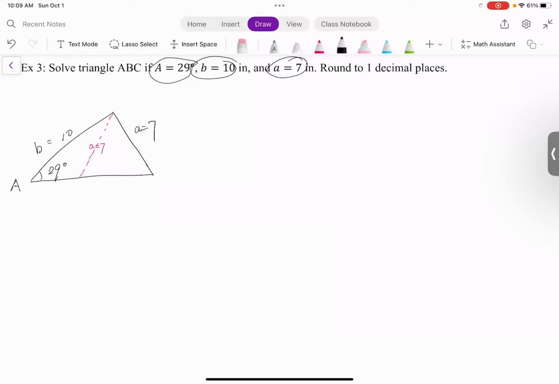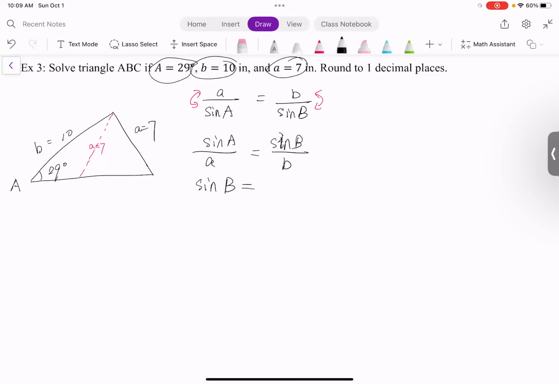Let's solve it. By the given information, a over sine A equals b over sine B. Can you solve for B? Yes, we flip both sides first. We have sine A over a equals sine B over b, and isolate the sine B, both sides we multiply by b.